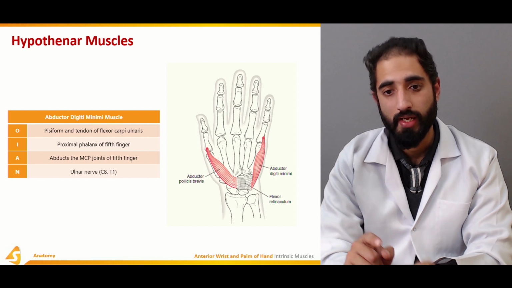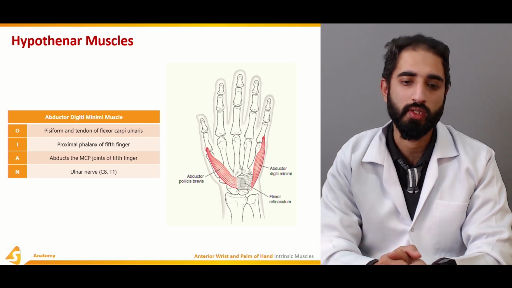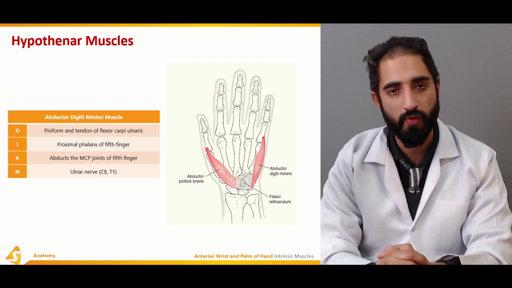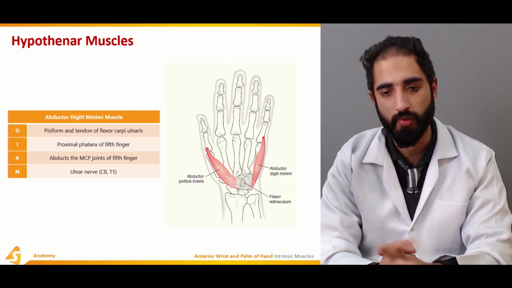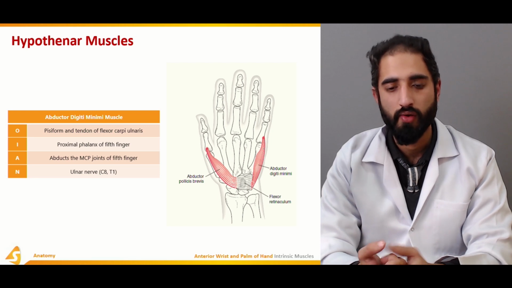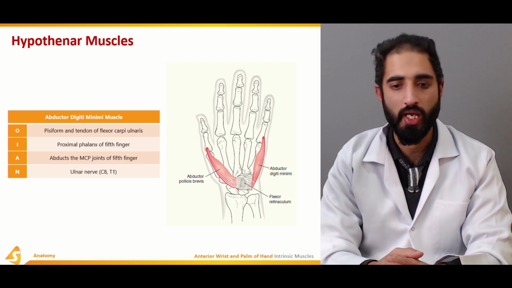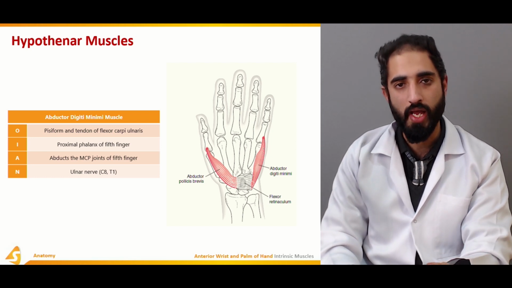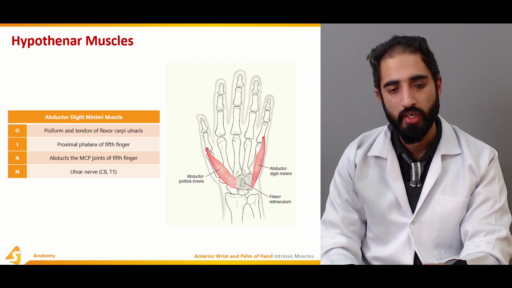The abductor arises from the tendon of that muscle as well, along with the pisiform, and the insertion is on the proximal phalanx of the fifth finger, similar to the proximal phalanx of the first digit for the abductor pollicis brevis. The nerve supply is once again the ulnar nerve, and the nerve roots include C8 and T1.